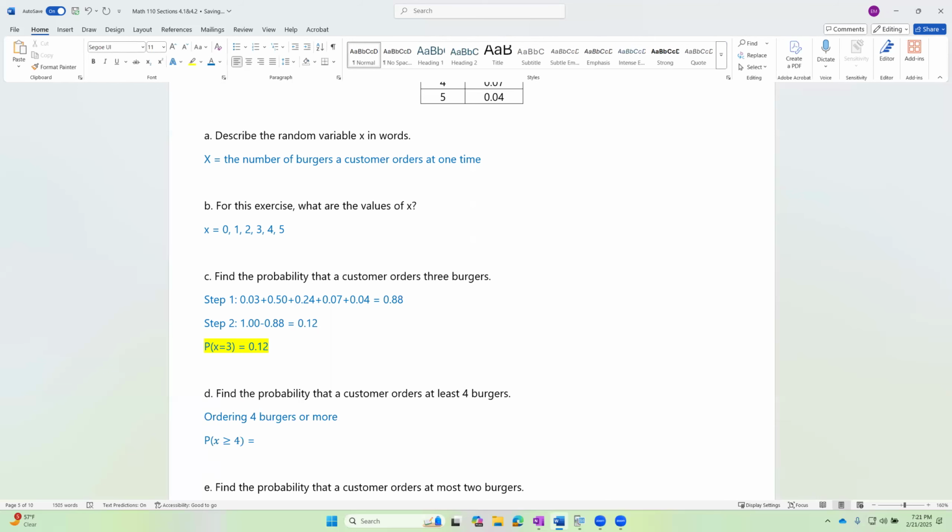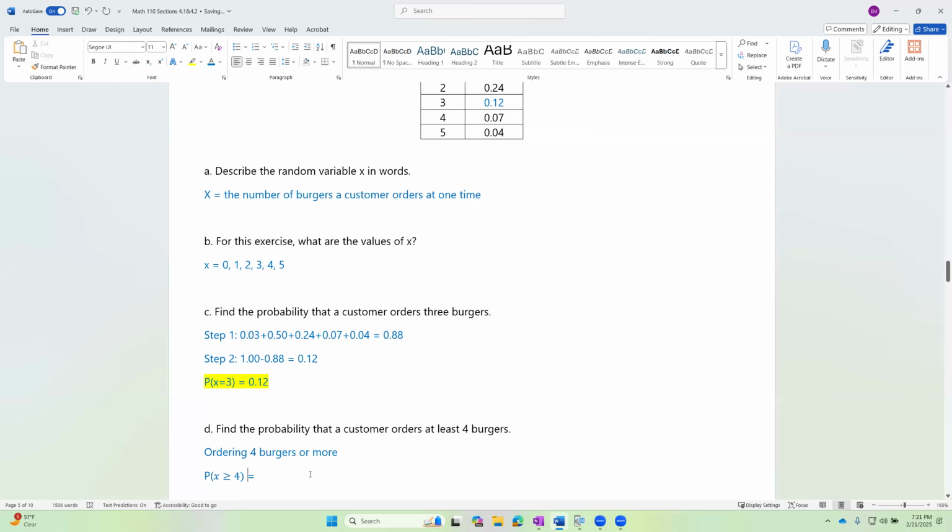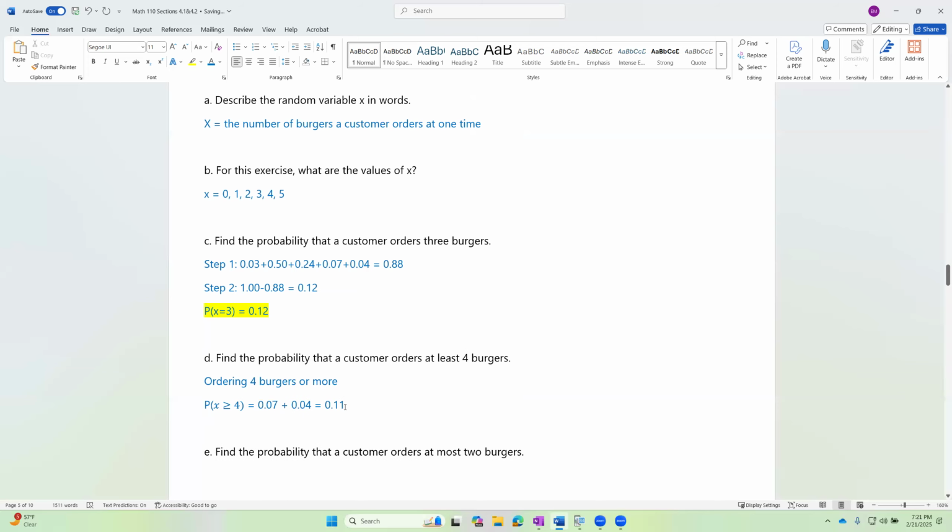Let's count that up. The probability of 4 or more is 0.07 plus 0.04, because that's 4 and 5, and that gives us 0.11. And that's our answer for 4 or more. Or, I'm sorry, at least 4, which is the same thing as 4 or more, because the lowest they're ordering is 4.